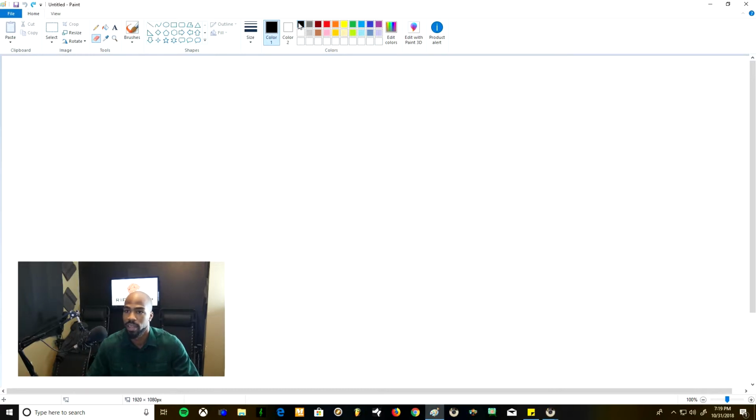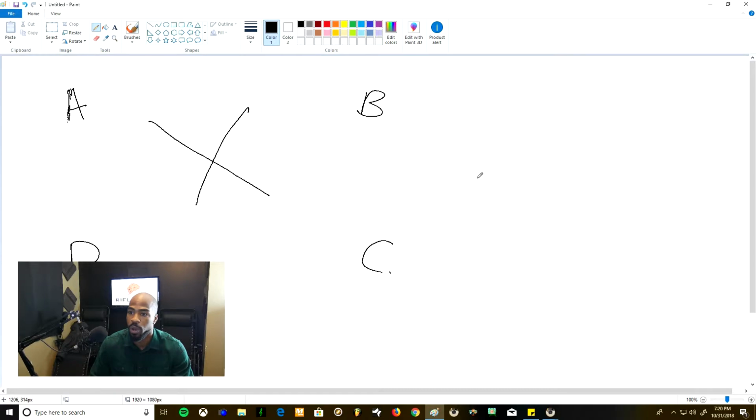Let's create the A through D again for the distributed ledger, okay? So person A is here, person B is here, C and D. Okay. So now there is no need for a centralized ledger because we're going to make a distributed ledger.